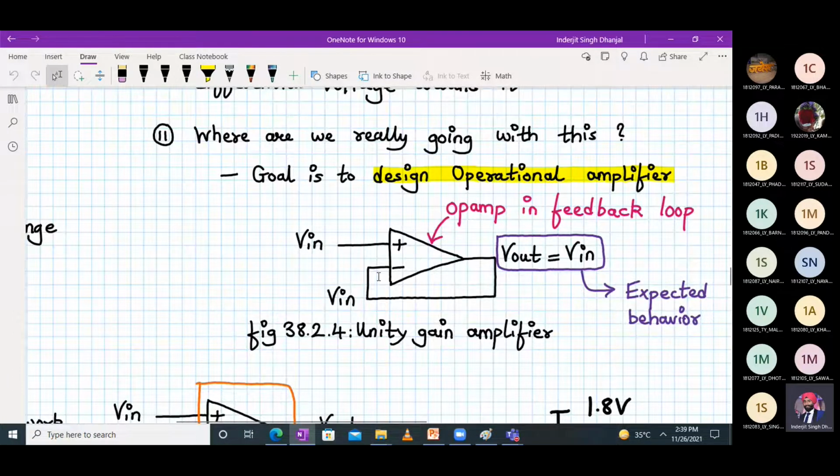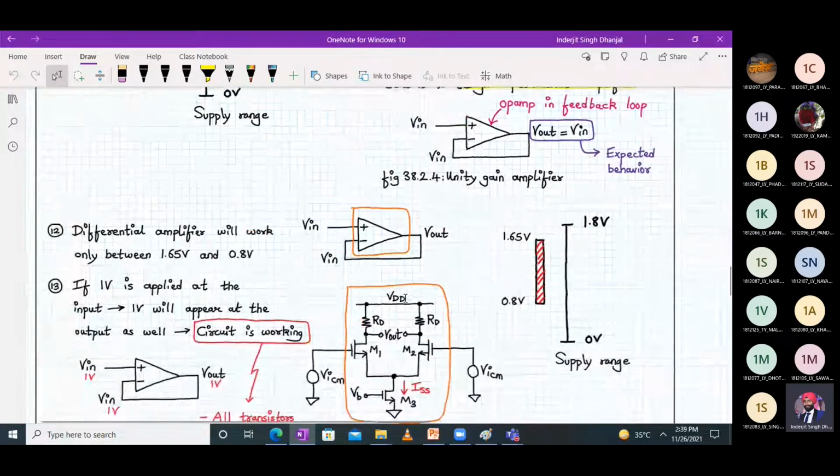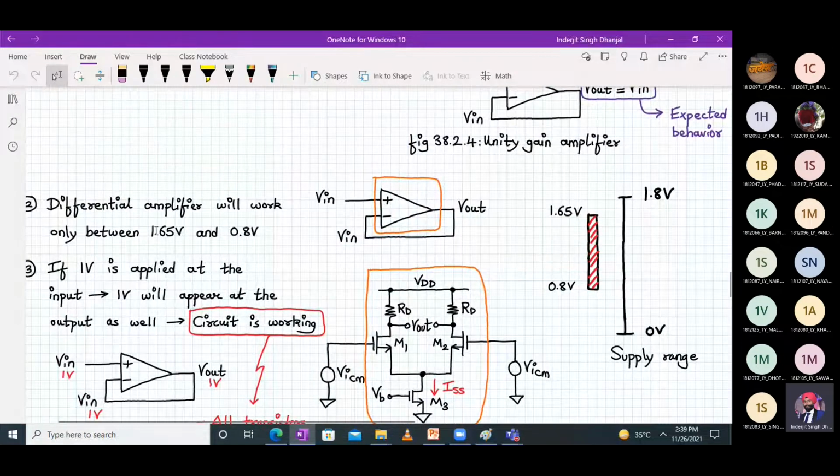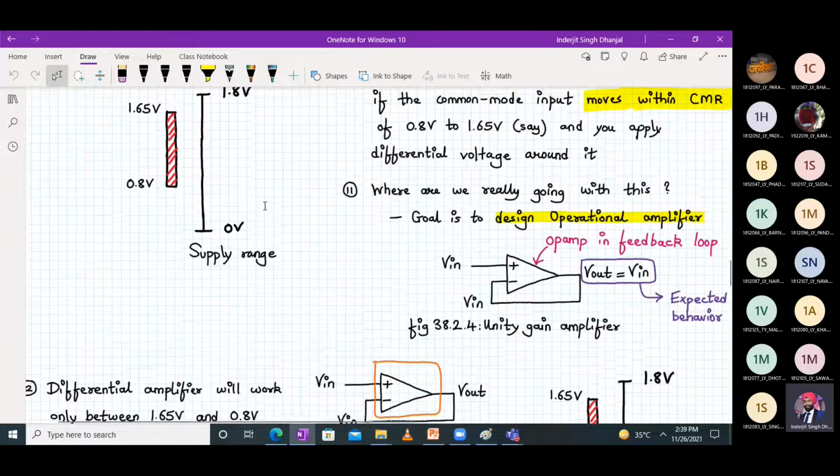Basically, the output will follow the input. That is the expected behavior, and the op-amp is in the feedback loop. What we want is Vout should be following my input. Now see what will happen. Let's say your differential amplifier will work only between 1.65 volt and 0.8 volt. We have established that fact, right?